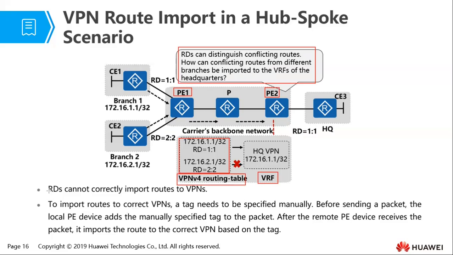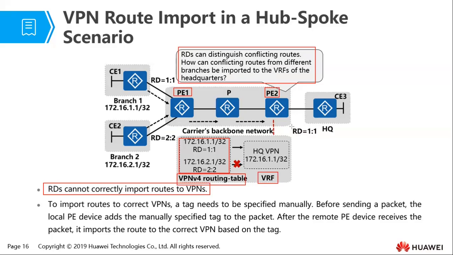Now, generally, RDs, route distinguishers, cannot correctly import routes to VPN. So we cannot import from the global routing table to the VRF table using RDs.